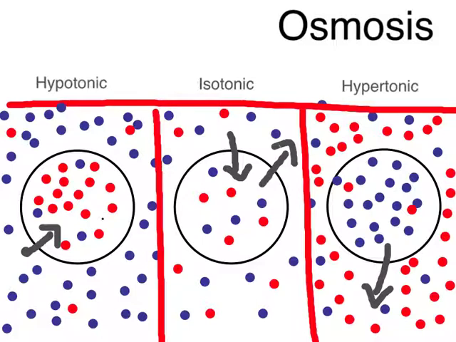Isotonic, the concentrations are the same both inside and outside the cell, so the water moves evenly. And if it's hypertonic, all of the dissolved good stuff is outside of the cell, and the water is going to try to move outside in order to even out the concentrations.